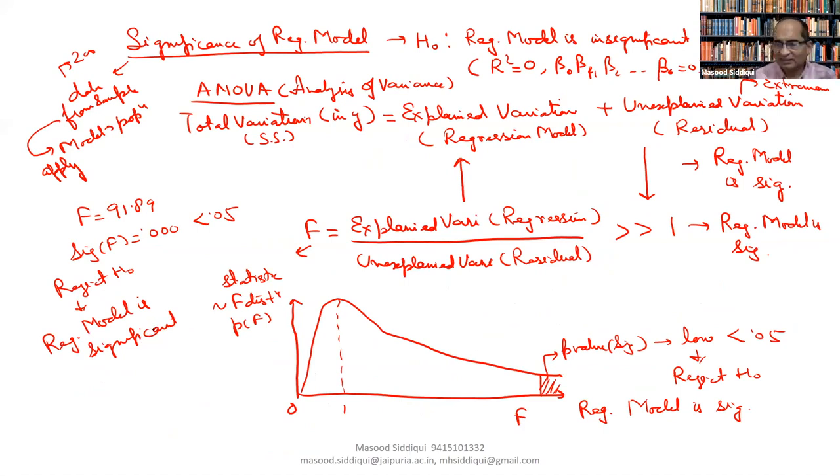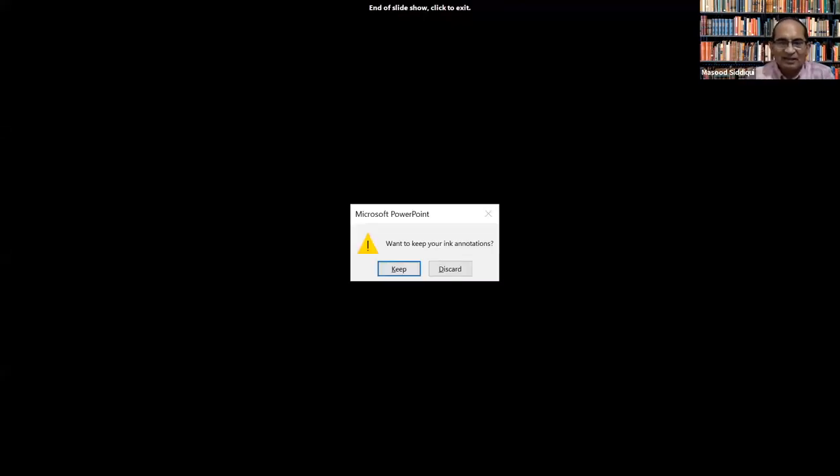So this is the first thing that we have discussed. This step has been taken care of, that is the significance of the regression model. Let us explain the second part also.